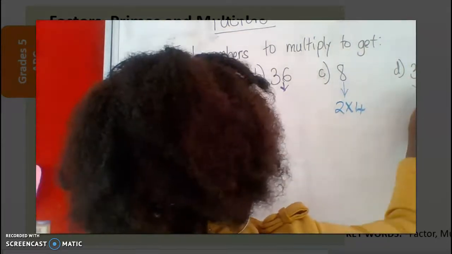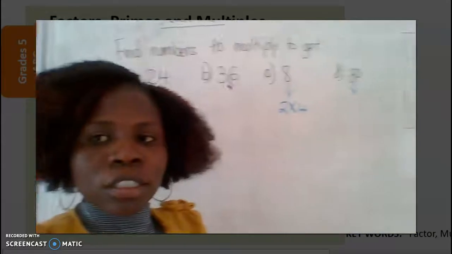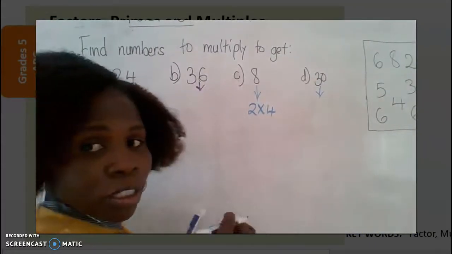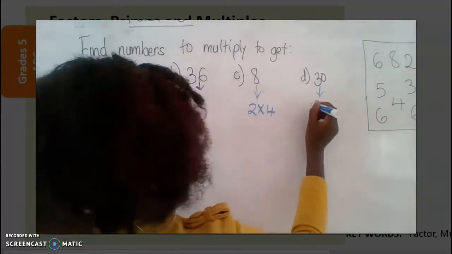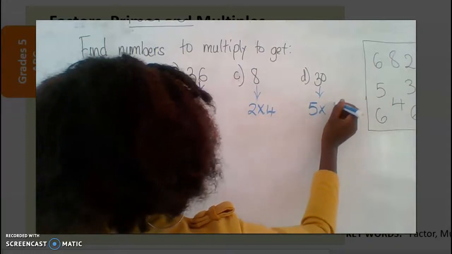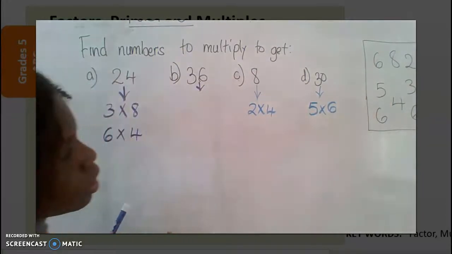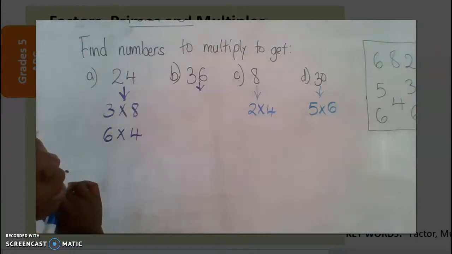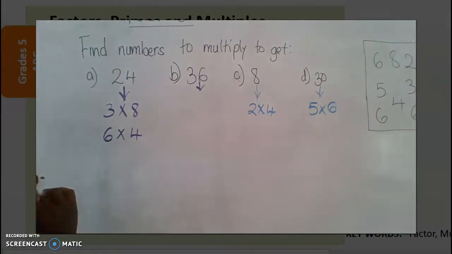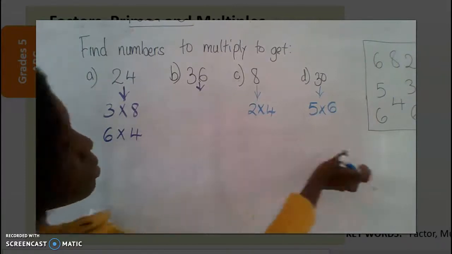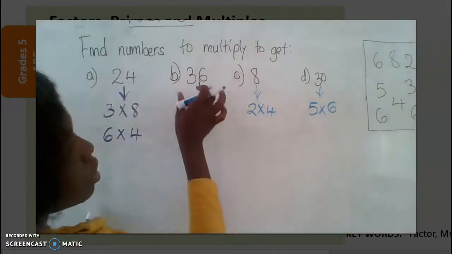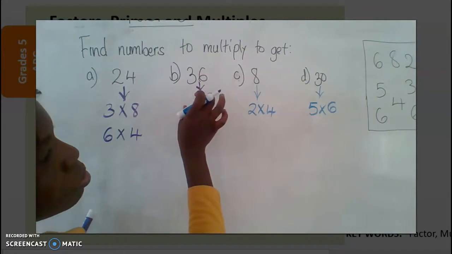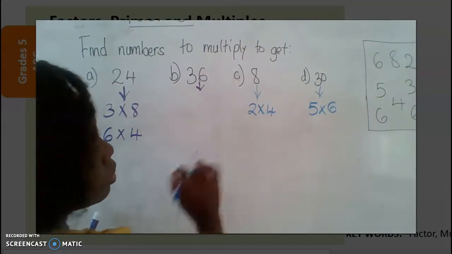Then for 30, I will have 5 times 6. For 36, there are no two numbers from the list that I've given. There are no two numbers that I can multiply to give me 36 completely.